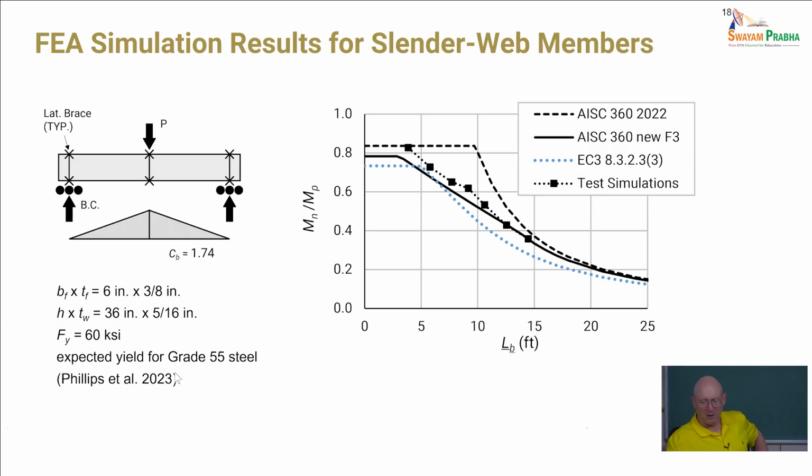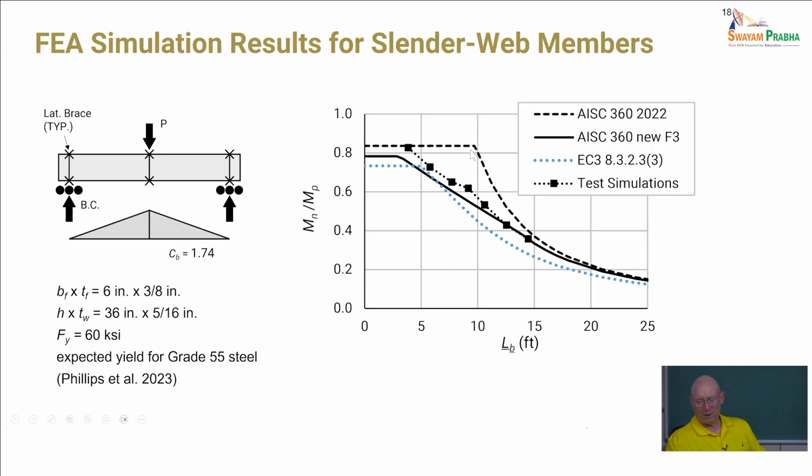And what you can see here is the test simulations, I'm just showing you simulation results here. So this is basically forked boundary conditions at the end, or torsionally simply supported, or K equals 1 for lateral torsional buckling if you're calculating an effective length factor for lateral torsional buckling.